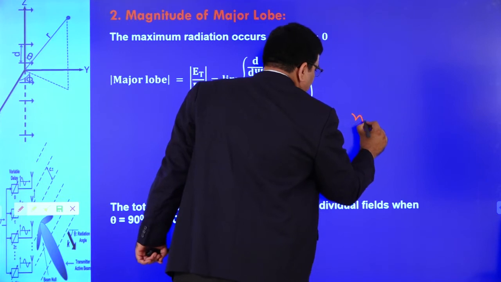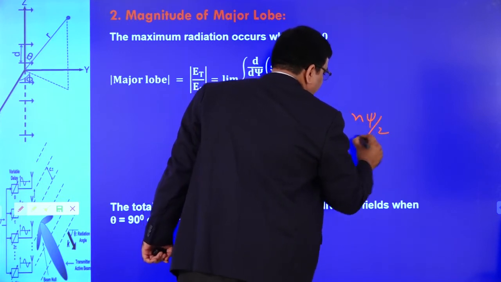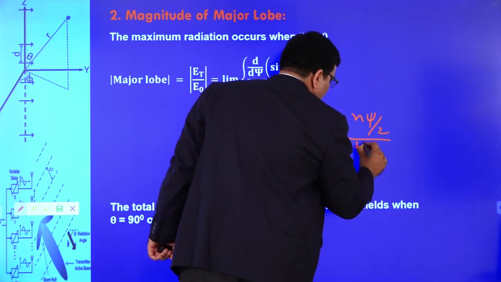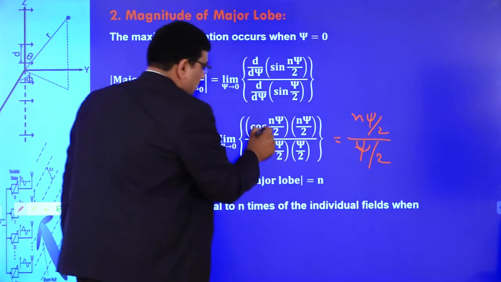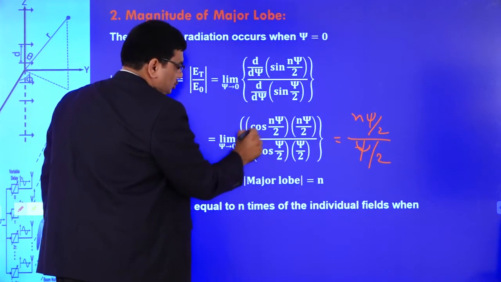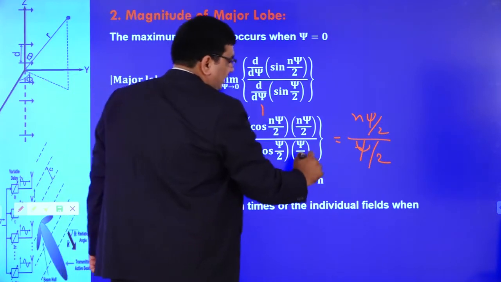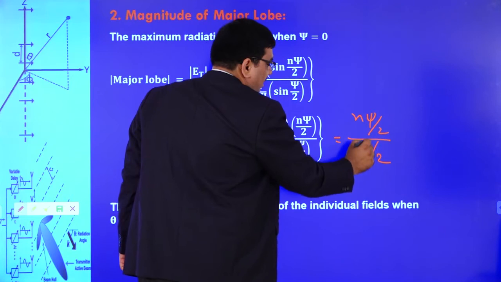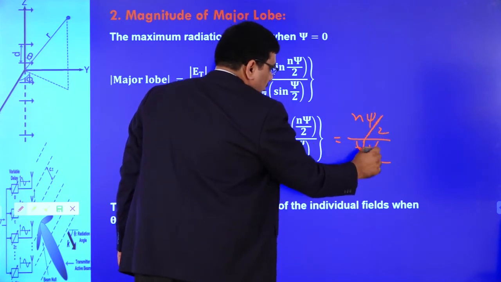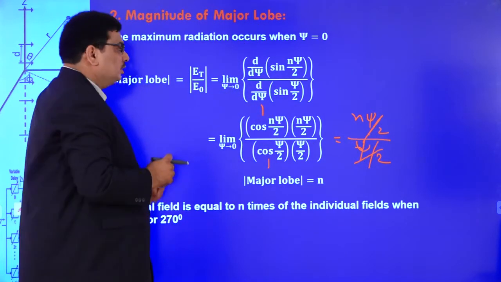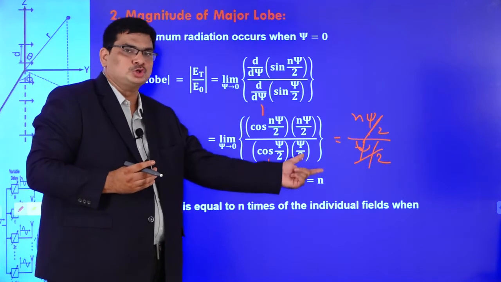So this becomes n psi by 2 by psi by 2, because if you substitute the limit psi tends to 0, cos n psi by 2 becomes 1 and cos psi by 2 becomes 1. Finally, from the terms sin n psi by 2 by sin psi by 2, the psi by 2 cancels, and your maximum major lobe is equal to n.